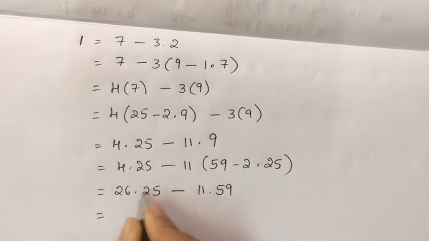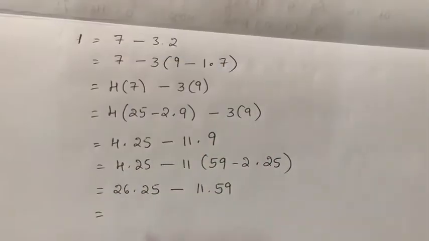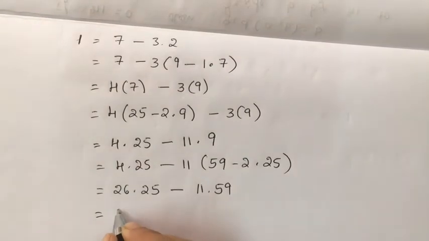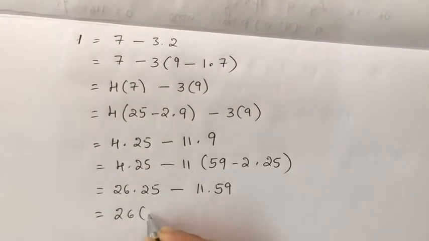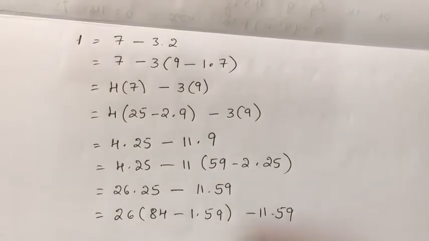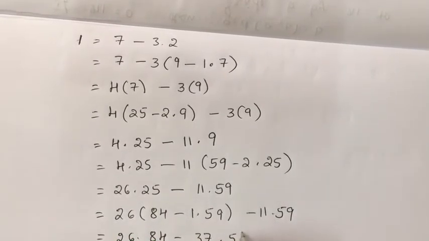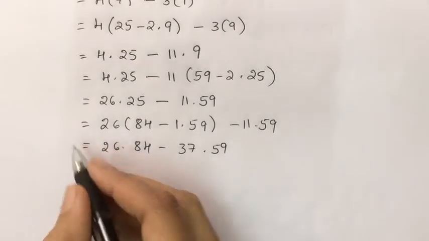Then this 25 I'm writing as 84 minus 1 into 59, so that this will be 26 into 84 minus 37 into 59.